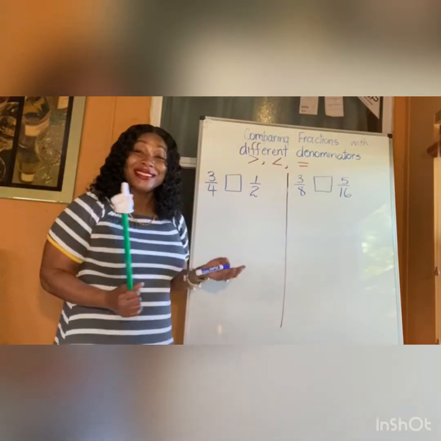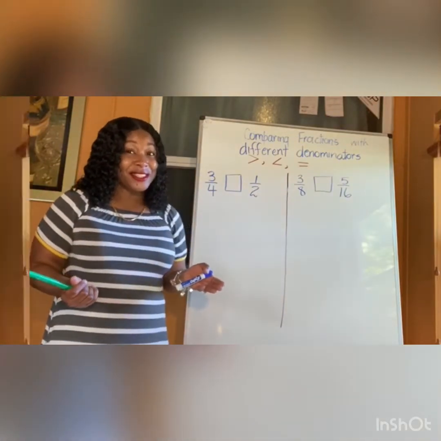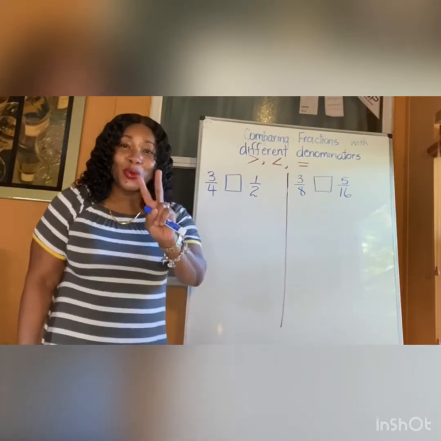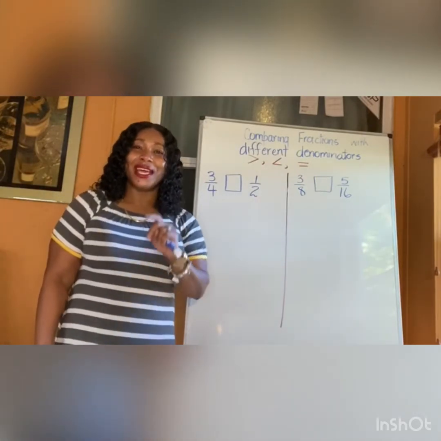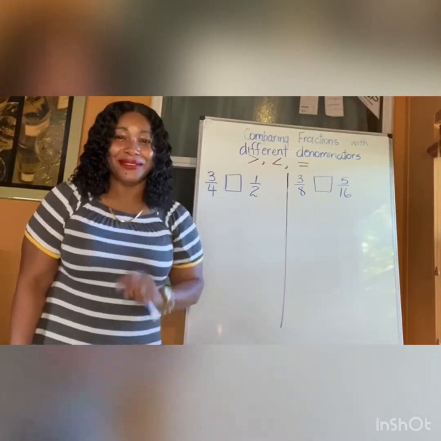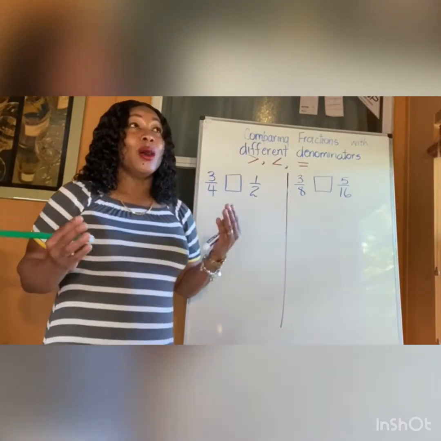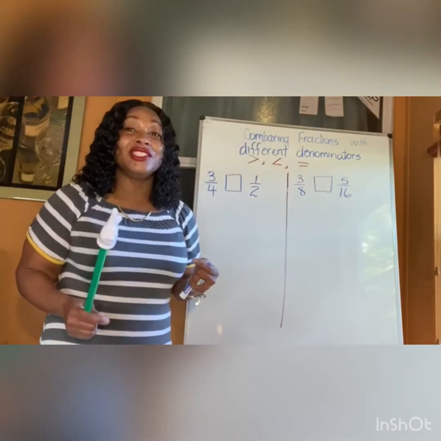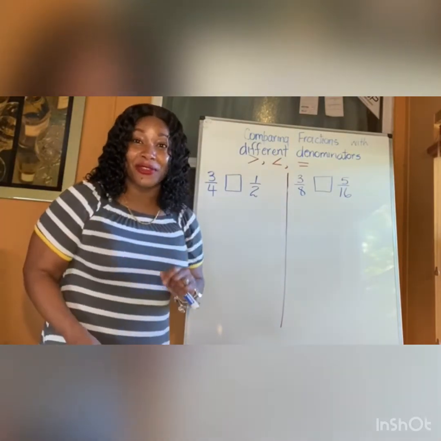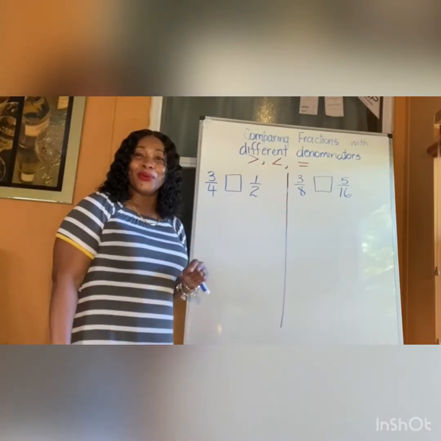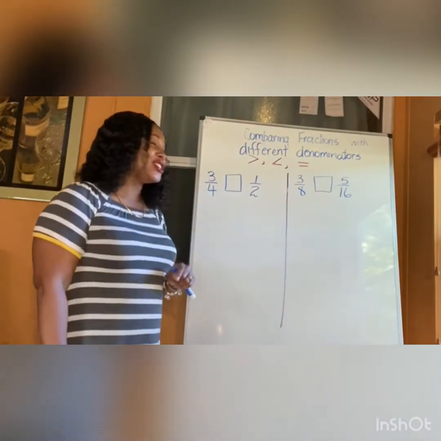Because the denominators are different today, it gets a little bit trickier, but I'm going to show you two different ways in which we can compare these and make it pretty easy. The good thing is you already have knowledge about equivalent fractions, and we're going to use the same concept that we used when we looked at equivalent fractions.